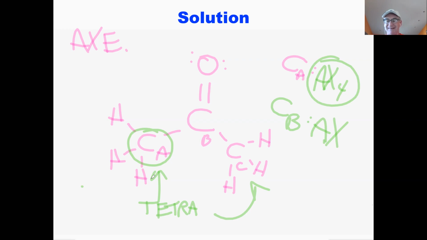Yeah, I would say 3. 3, right? It has 3. It has this carbon, and this oxygen. Those are the 3 atoms surrounding carbon B. So it's AX3. Does carbon B have any lone pairs? No. So it's just AX3. So what group is AX3? What geometric group is that?